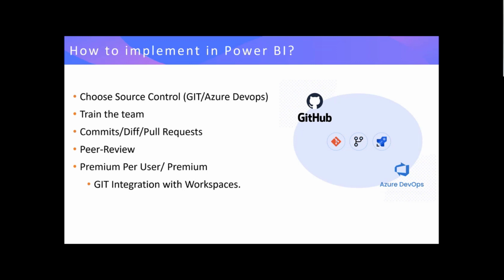Today, if you are on a Pro version of your workspaces, then you might not be able to integrate directly with the workspaces, but you will still be able to do the source control as needed. The integration or syncing with the workspaces does not exist today. You may need to use some APIs around it, but for Premium there is a workflow already defined that you can do end to end.